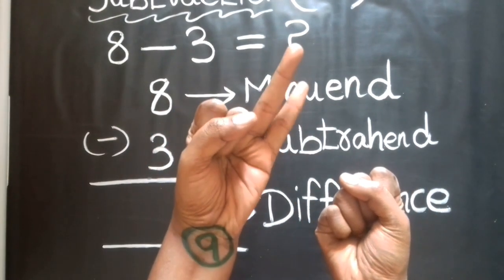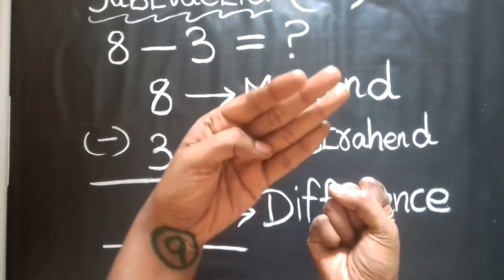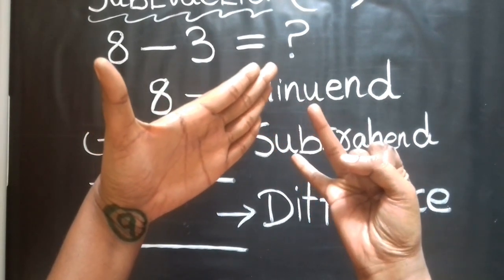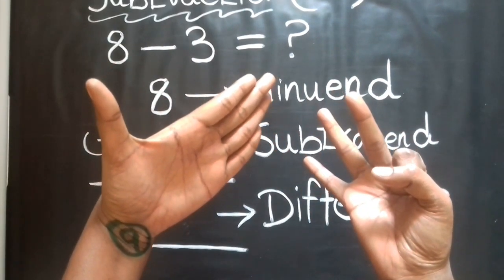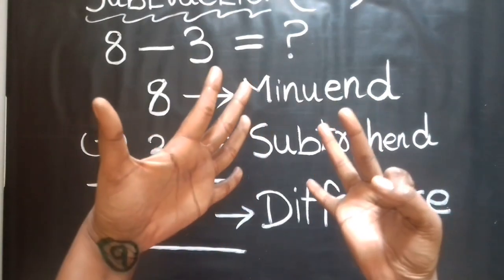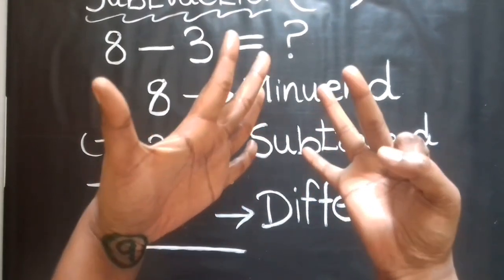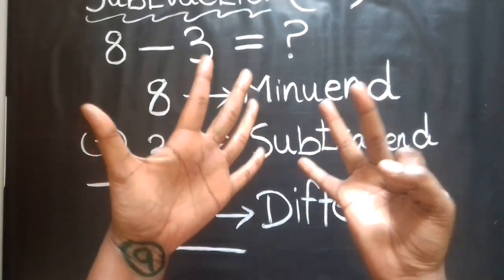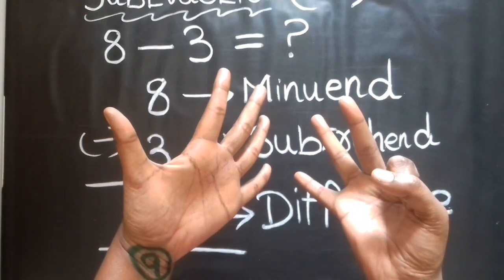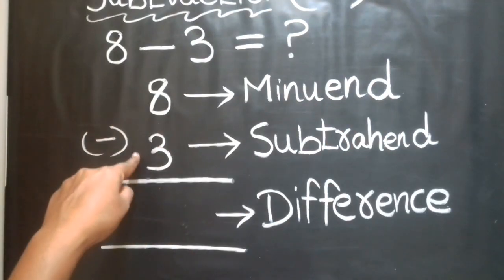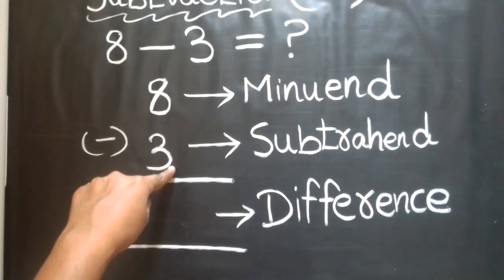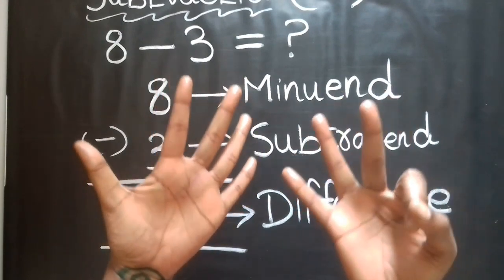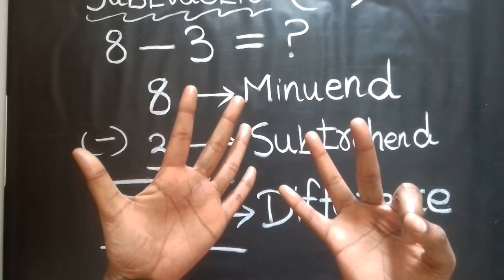1, 2, 3, 4, 5, 6, 7, 8. So always start with your top number, that is minuend. We have 8, so we have pulled out 8 fingers. Now we have to take away number 3, which means you need to fold down 3 fingers.